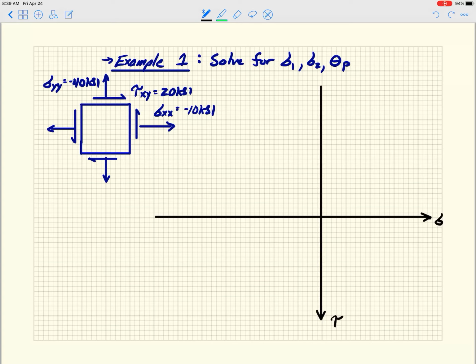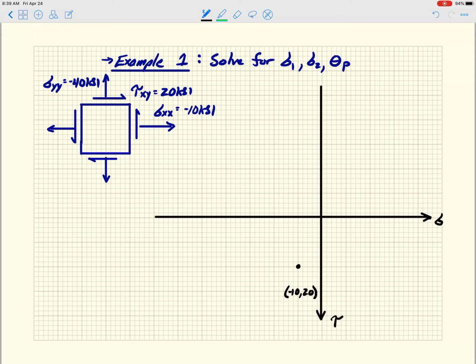I'm going to come in here, and it's going to put me right there. So this point is minus 10 comma 20.